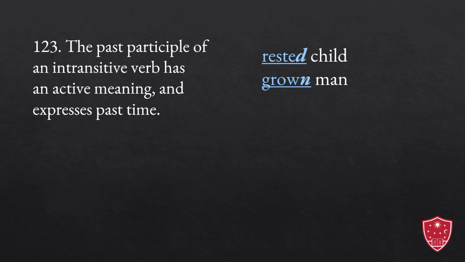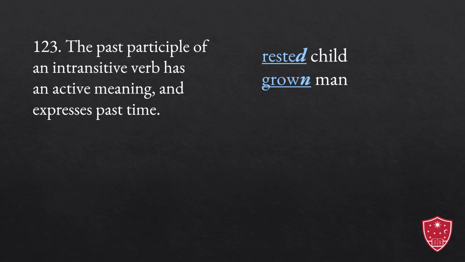We read here in Article 123 that the past participle of an intransitive verb has an active meaning and expresses past time. So let's take a look at two examples, and I've had to write new examples because the other examples of past participles were drawn from transitive verbs, and Article 123 has to do with past participles drawn from intransitive verbs. So we have two examples here in blue on the right.